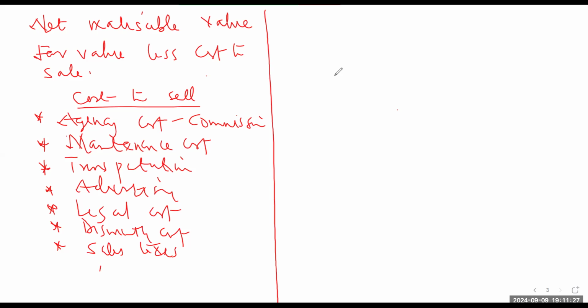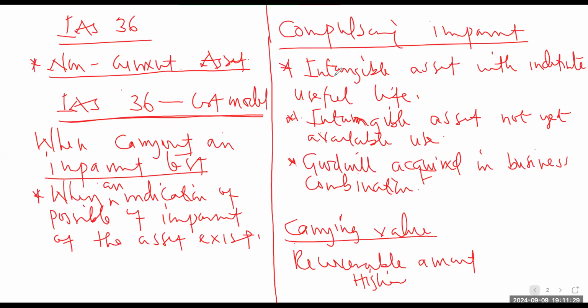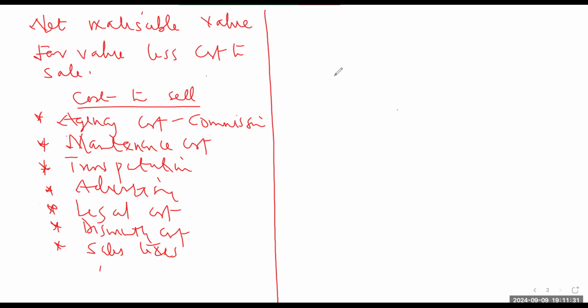So we are saying that the recoverable amount is the higher of the net realizable value, or what we call value in use. We'll be looking at how we determine the value in use. The value in use is, if we want to continue using the asset, what is the benefit that will be given to us?